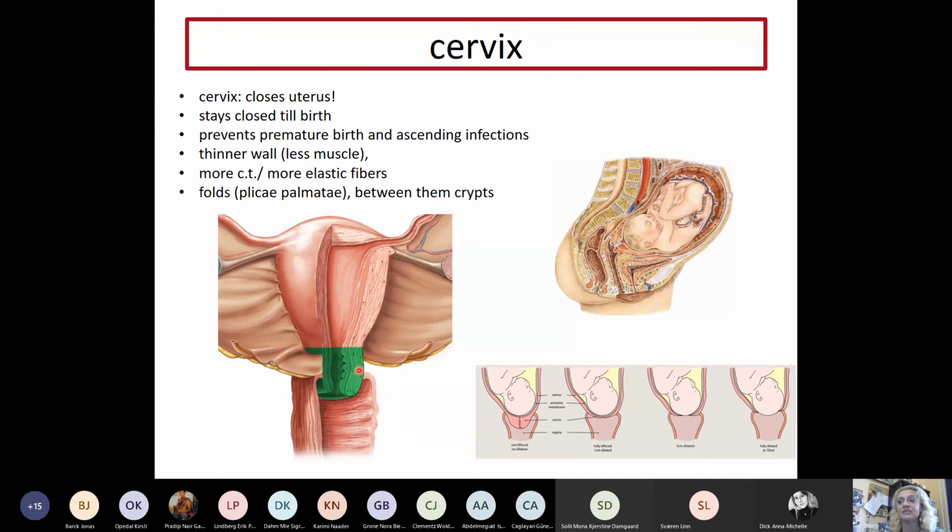It has a thinner, less muscular wall, but more connective tissue, and even macroscopically visible folds, which are called the plicae palmatae. And between the folds, we have the crypts. So in every drawing, even in a very basic drawing, you can see these folds and crypts between them.